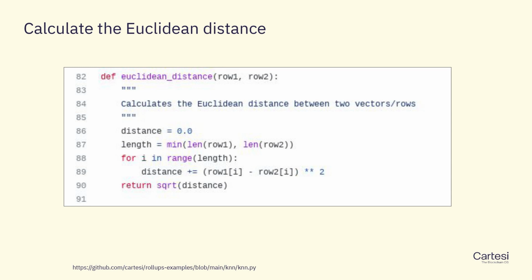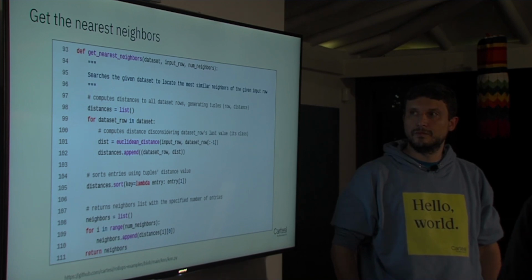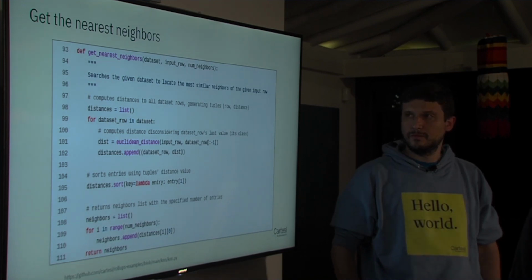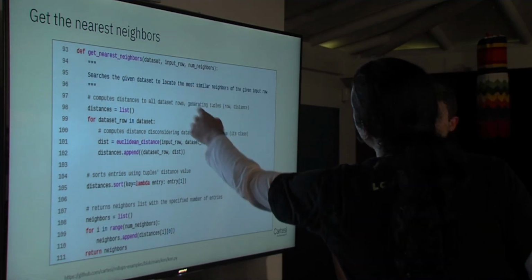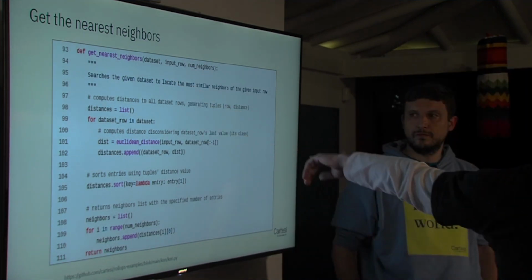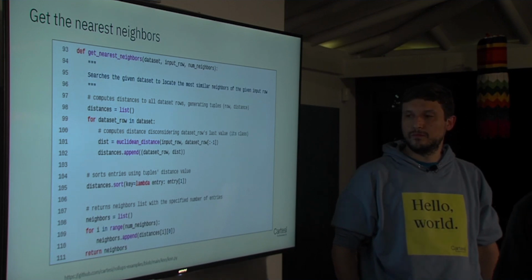And then in the algorithm we get the nearest neighbors. It takes the whole dataset we have loaded in our variable here, and also the number of neighbors we'll be considering.